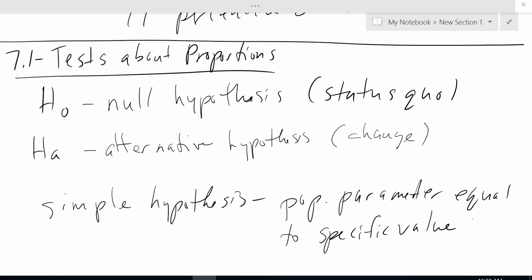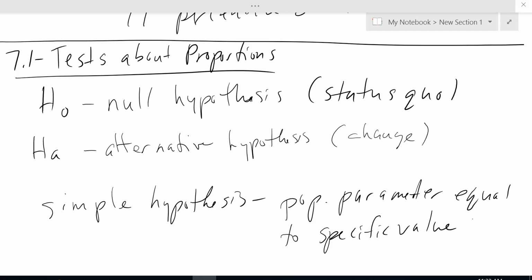So, for example, maybe you are developing a new weight loss program. You already know the weights of the individuals coming in. Then they go through the weight loss program and you take a sample of them and see what their weights are afterwards. So your status quo was what their weights were to begin with.